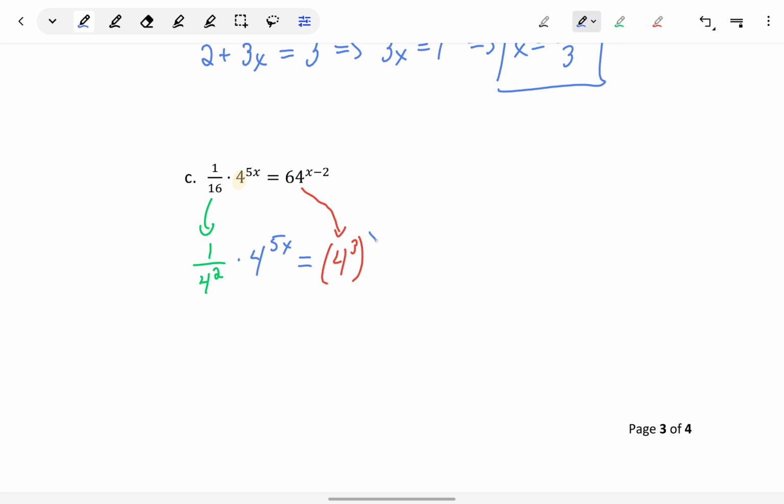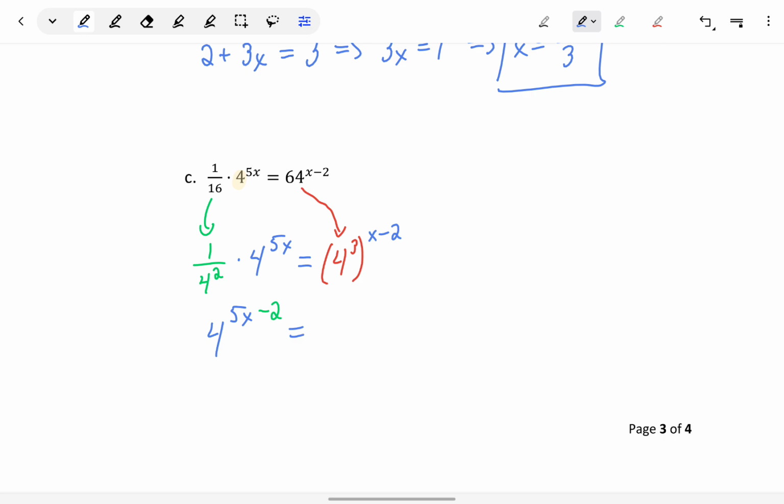64 is being raised to the x minus 2 power, so we still have to raise that new expression to the x minus 2 power. And now look at combining and simplifying some of our exponents. On the left-hand side, we have 4 to the 5x divided by 4 squared. So we can rewrite this as 4 to the 5x minus 2.